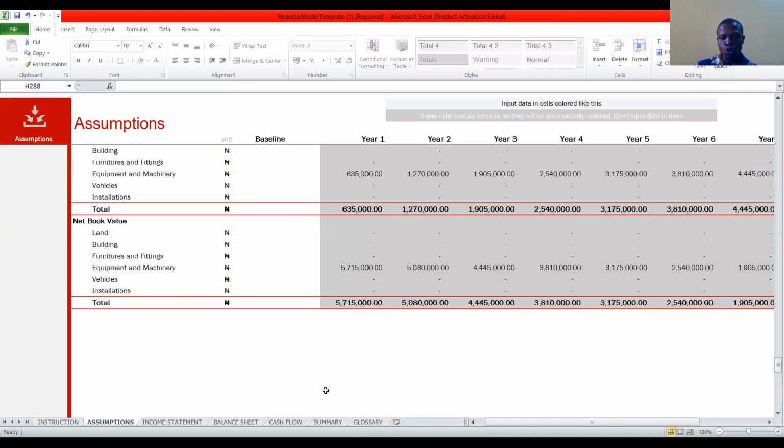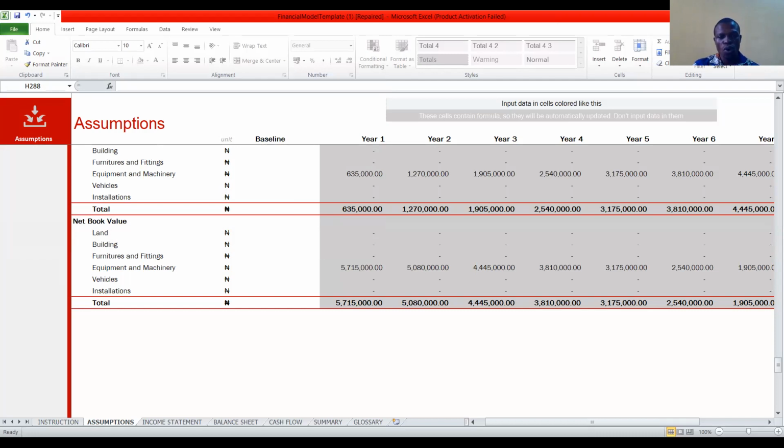The next thing for you to do is to come back to your dashboard. Once you come back to your dashboard, click on choose file, then choose your financial template. You must have saved it in your name and your business name.